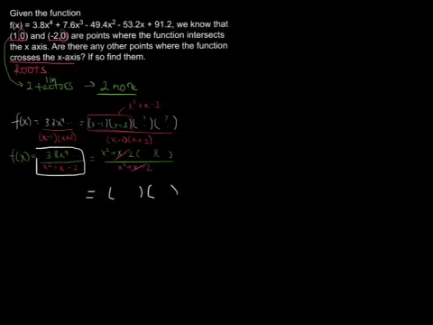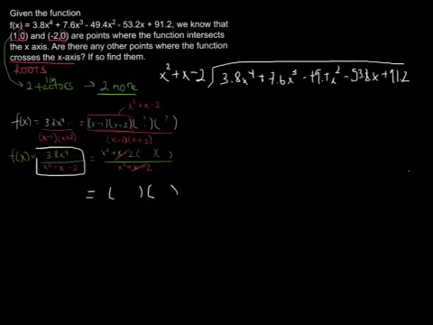I want you to go ahead and carry out the polynomial division on your own, and then come back and check, and we'll go over it together. So hopefully that went well. What we're going to have, alright, so let's go ahead and actually do that division, and I'm going to go through it rather quickly.